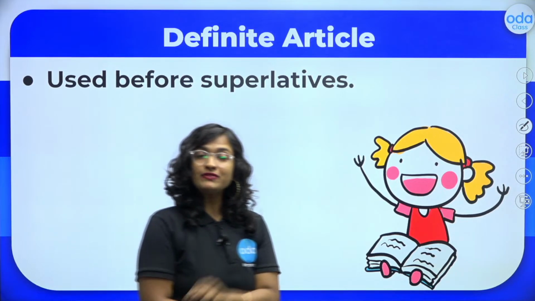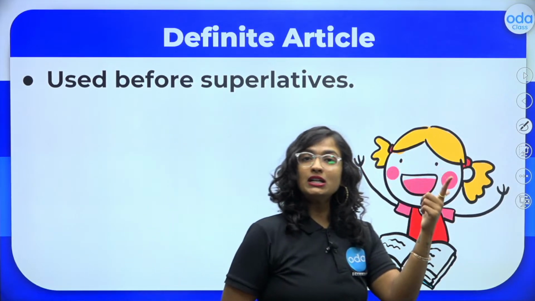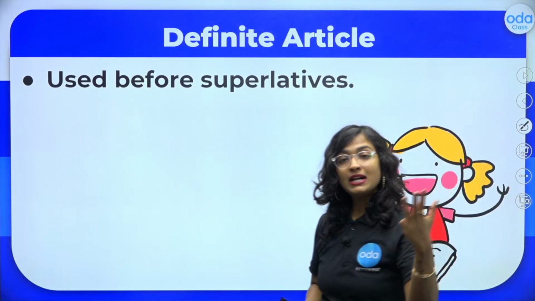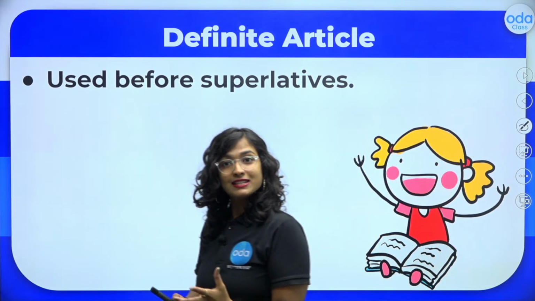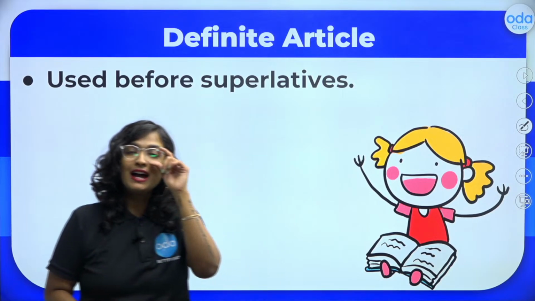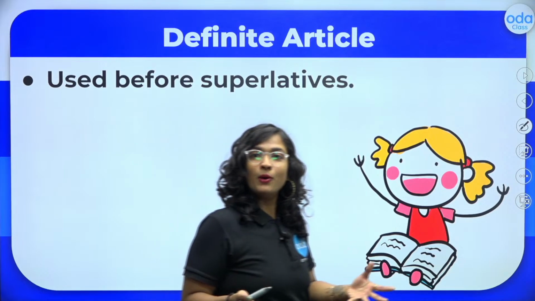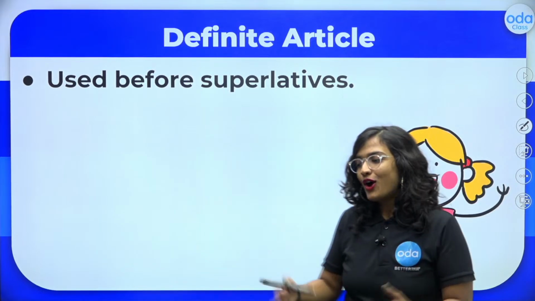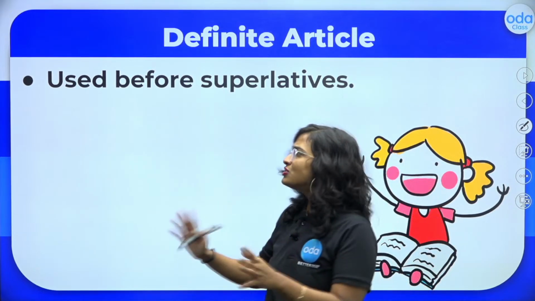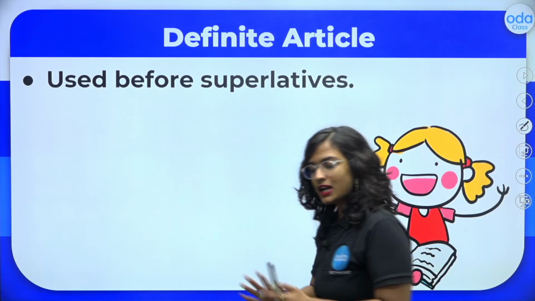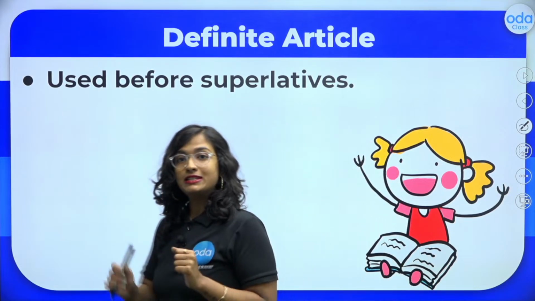So all of these, students, best, worst, most beautiful, smartest, prettiest, funniest, right? All of these are called superlatives. They are essentially the superlative form or the superlative degree of an adjective. So we always use our article the before superlatives.